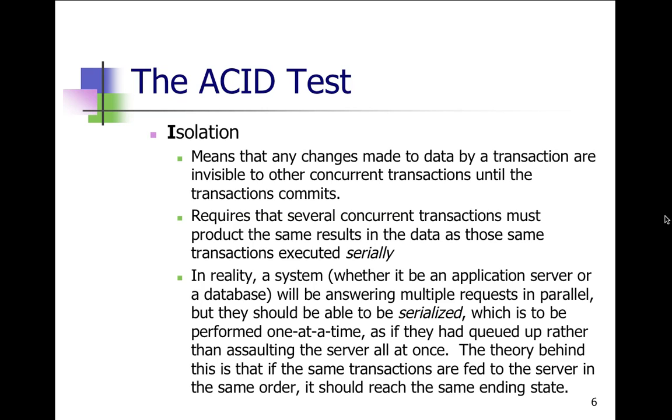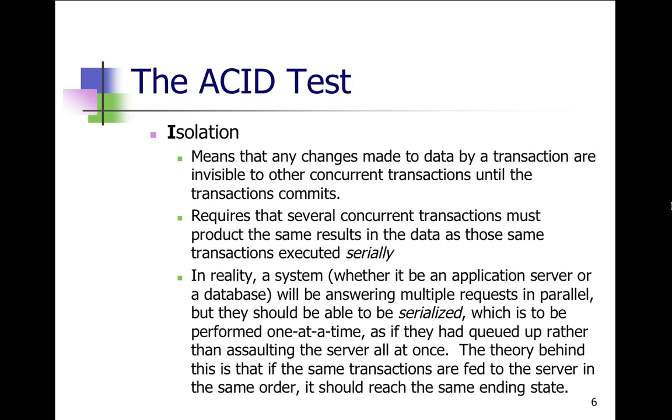So in reality, a system, whether it be an application server or a database, will be answering multiple requests in parallel, simultaneously, but they should be able to be serialized. So you should be able to go through and see which one happened first, which one happened second, third, and roll things back and fix things up.